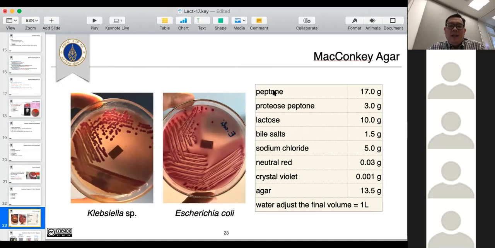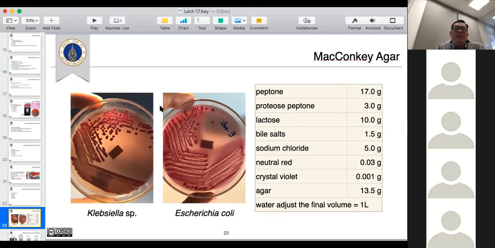The media contains lactose. If bacteria cannot ferment lactose, they show up as white colonies without color. But if they can ferment lactose, because they have the lac operon, they metabolize lactose and change the color of neutral red.